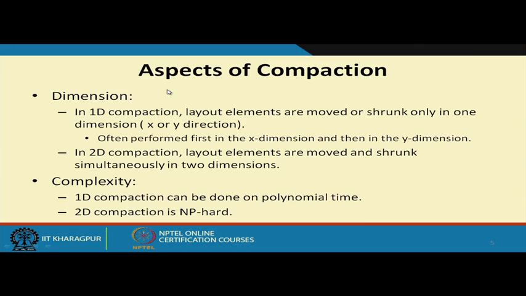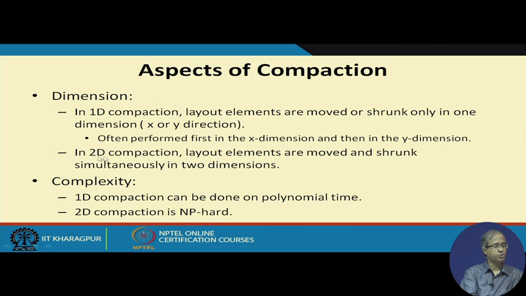Similarly, you may possibly be moving everything upwards, right? Fine. So, in 1D compaction, typically you do the compaction first in one dimension, let us say x, and then you do it in the other dimension. But in doing that, you can always come up with examples where you could have done better if you had done compaction in both dimensions together.